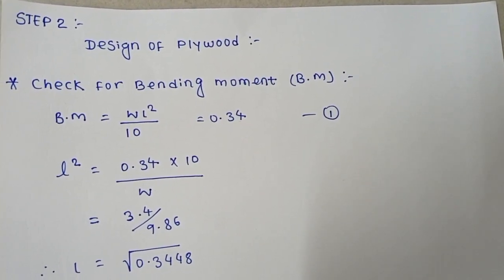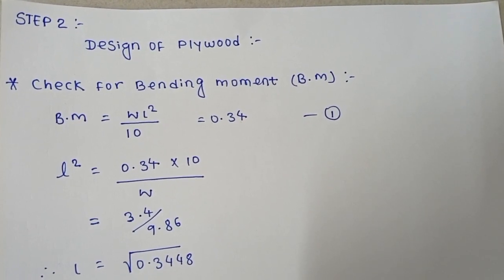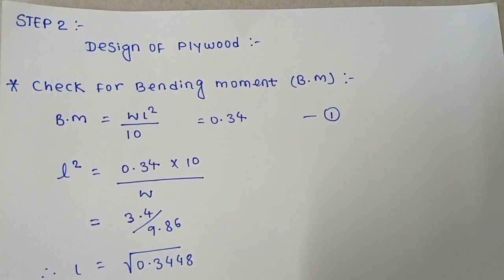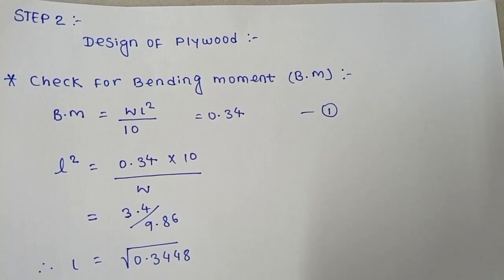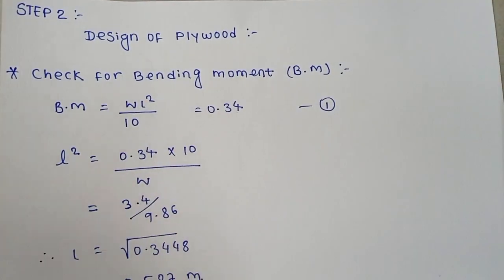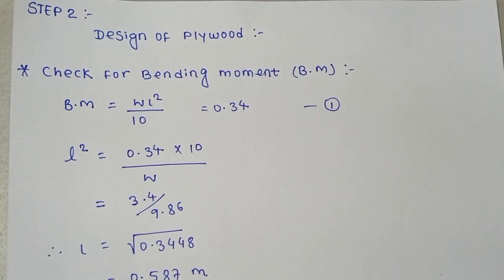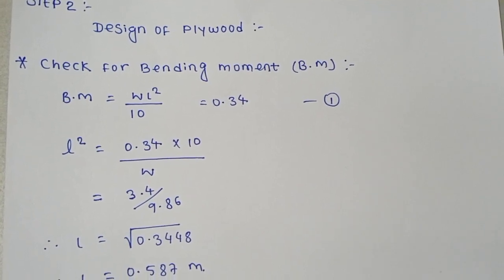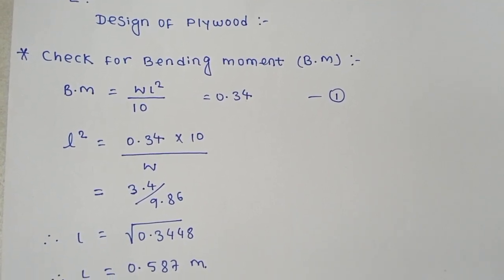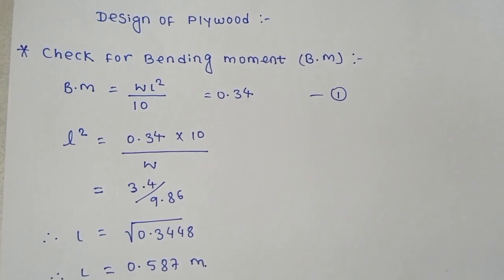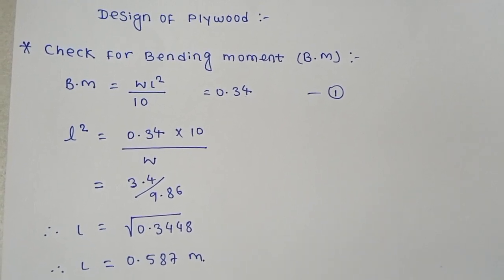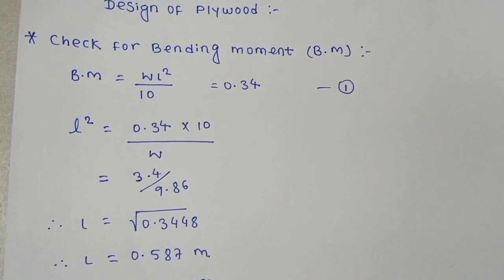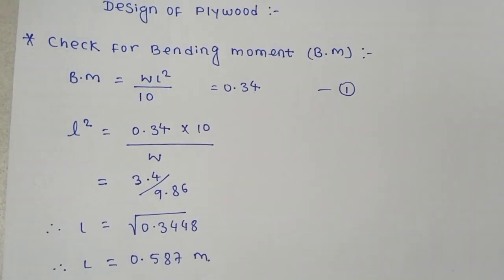Now step 2 is design of plywood. Here, for the design of plywood, we have considered plywood of 18 mm thickness. What we have to do right now: bending moment and shear force they have already given, we just have to find the length for spacing.